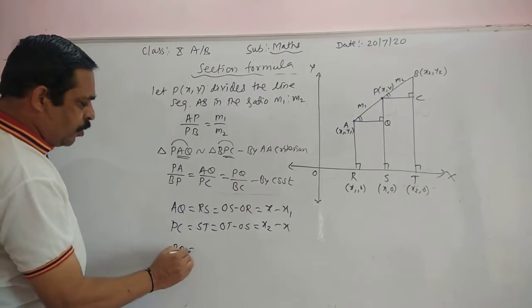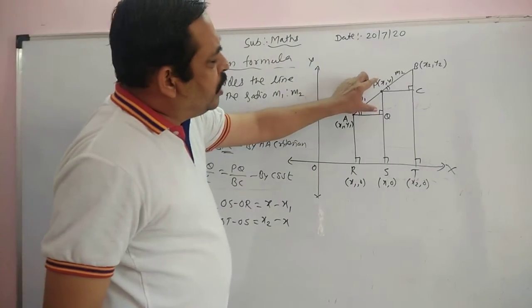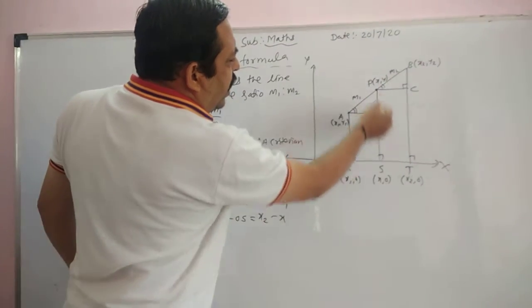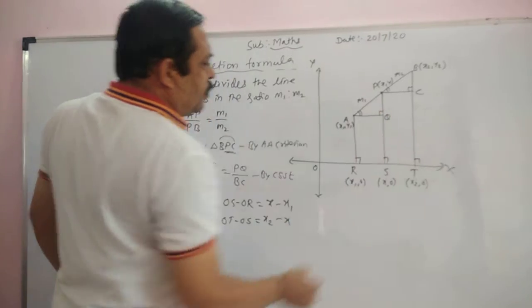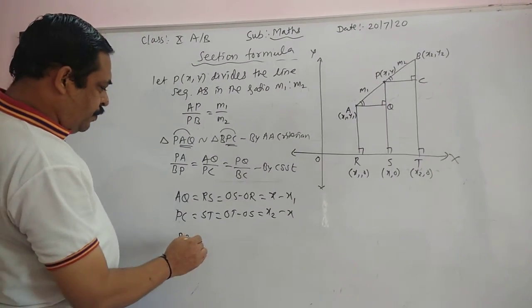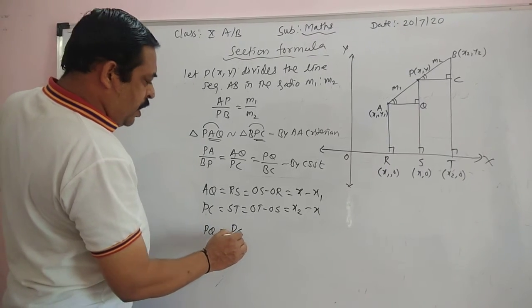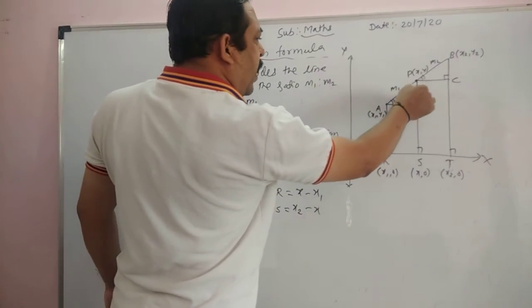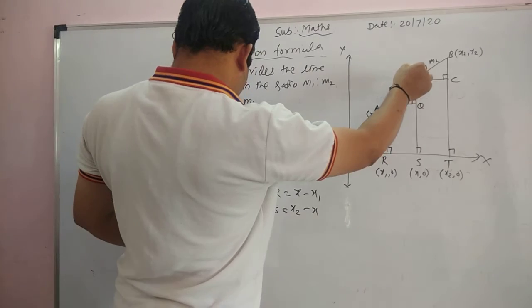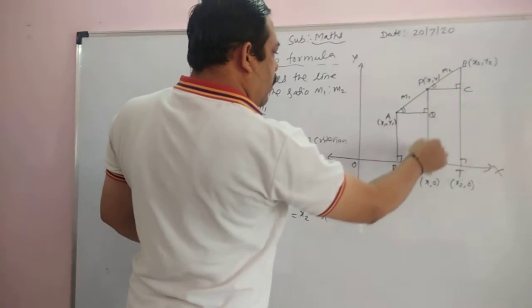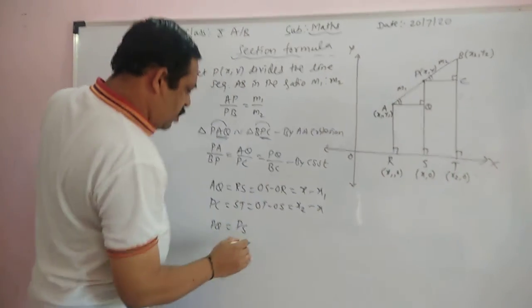Similarly, we find PQ. Now I want to find PQ. PQ can be written as PS minus QS.